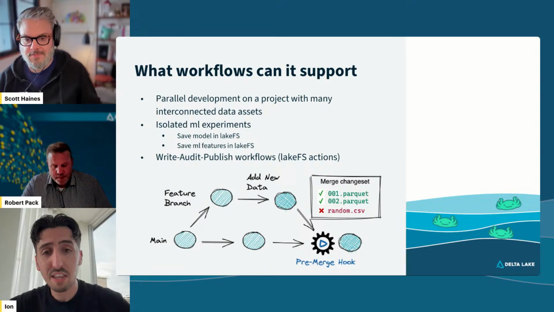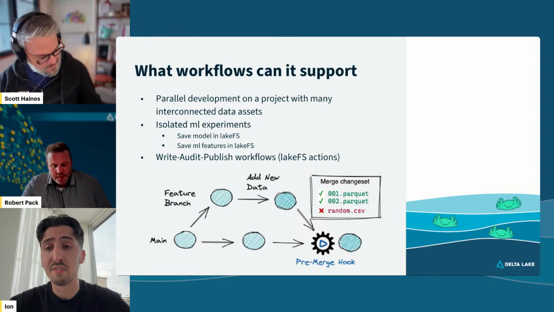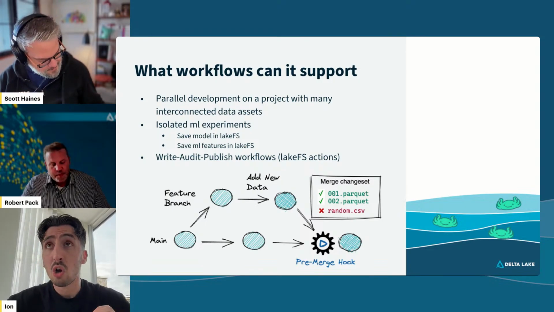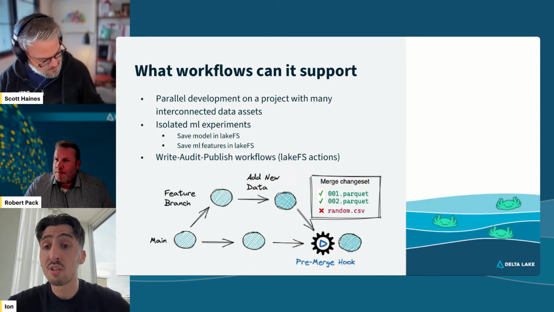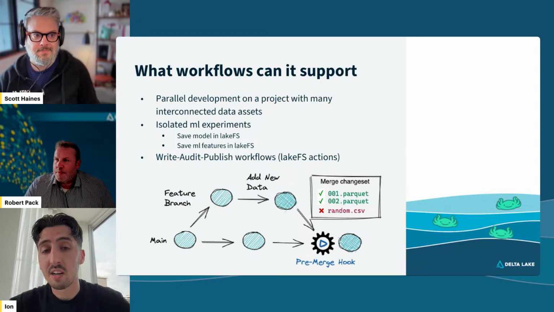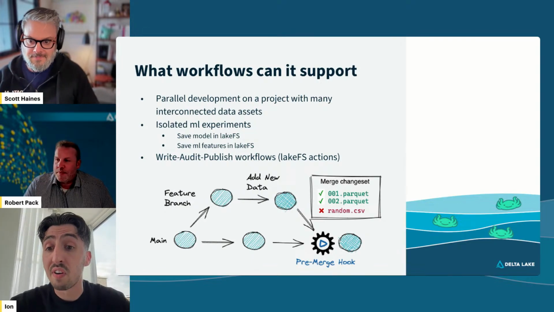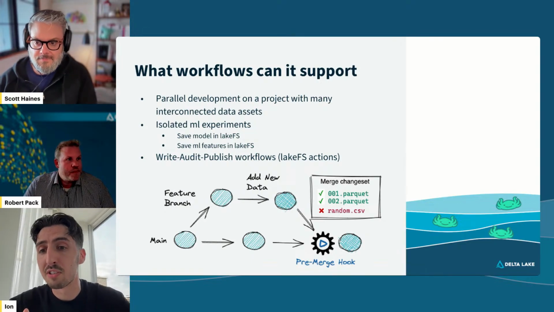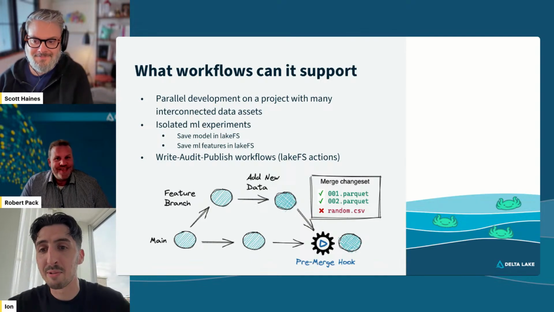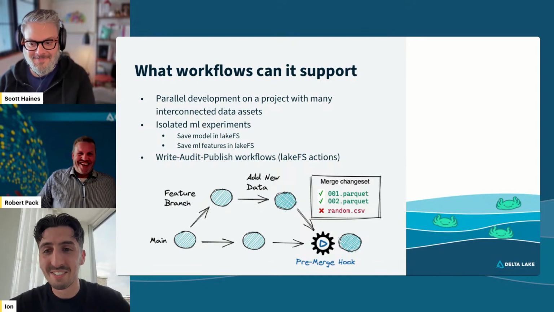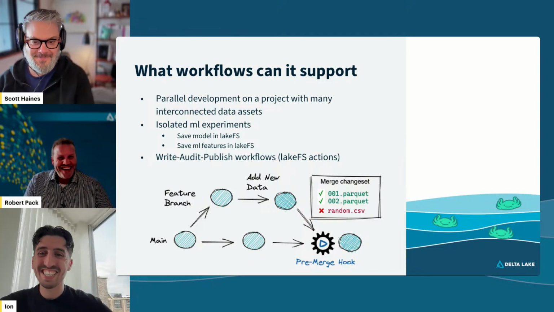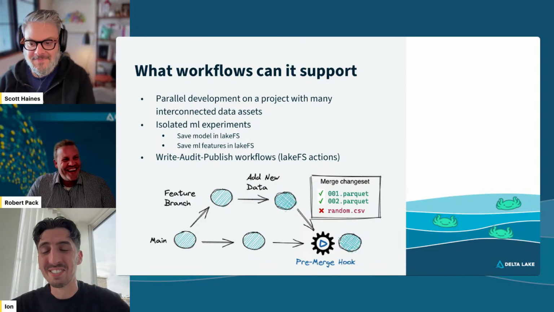So think of a pre-commit hook that verifies the content of the commits that you have done in LakeFS. So you don't want to commit certain files, like you don't want to commit YAMLs, for example. You hate YAMLs, you don't want any YAML in your lakehouse, remove them. You can check that with a pre-commit hook.